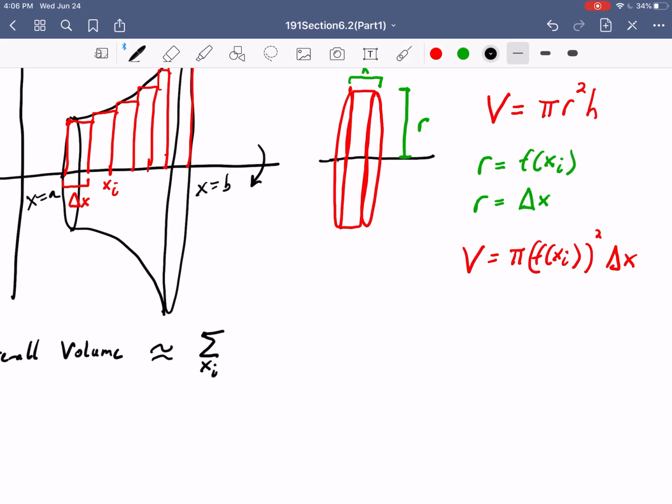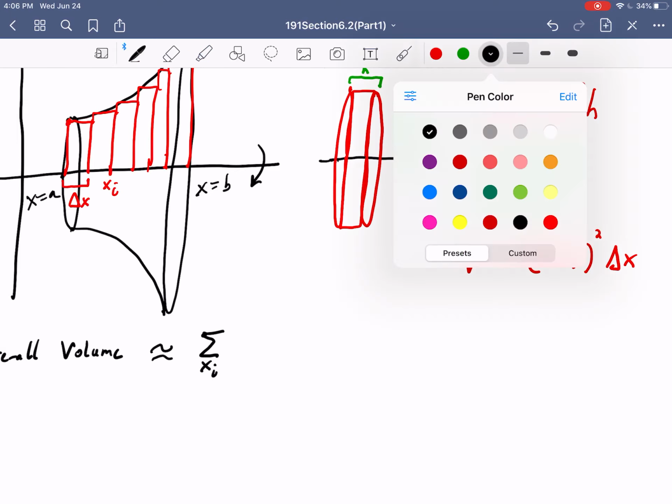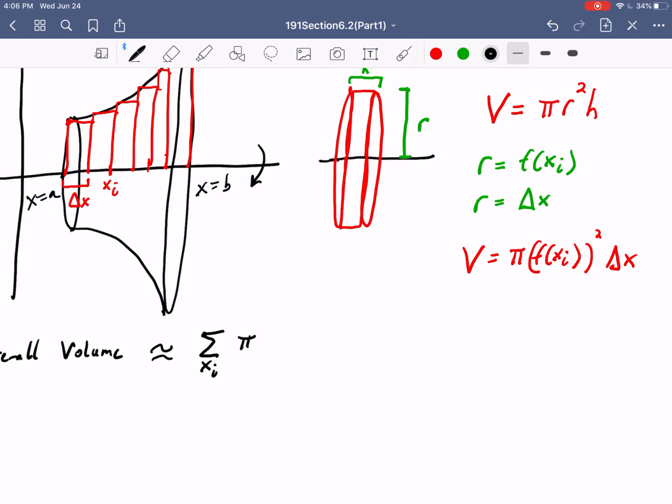So we would say approximately, pi f of x sub i squared delta x.